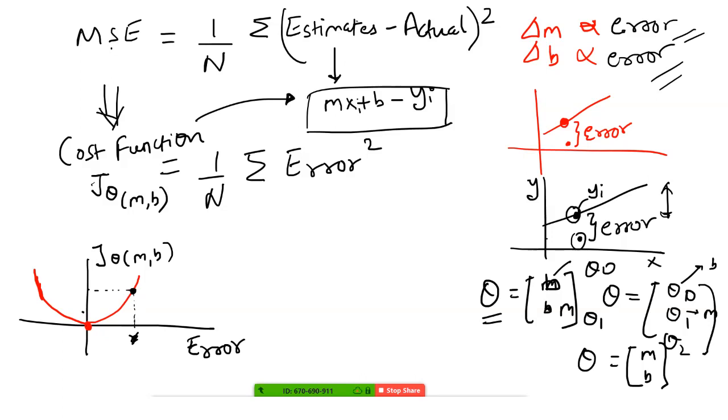We are at some random point on this curve. Now we want to reach this minima, or the bottom of this. Imagine this as a bowl. We are somewhere on the top of that bowl and we want to reach the center over here. What is the concept that can help us do that?